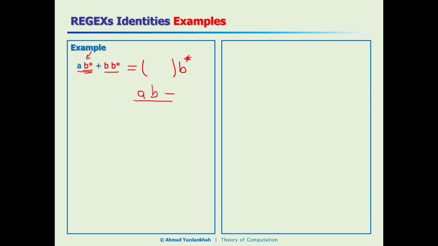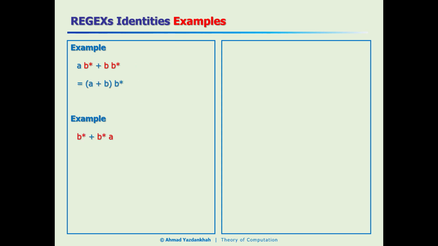So AB is not equal to BA. So I factor out the B star from the right, and then from the first one, we get A plus B.